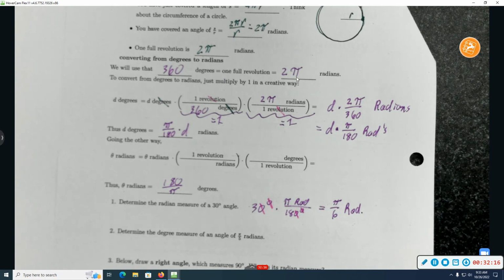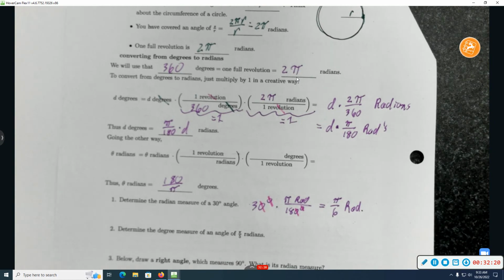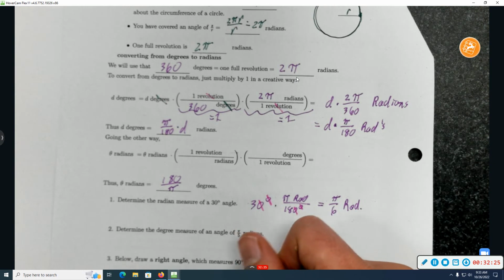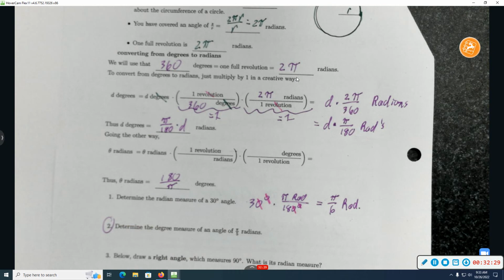So we've already done 3. We found that an angle measure of 90 degrees is a right angle, which is pi over 2 radians. But let's do that one. And I think I want to have you do it. An angle of pi over 5 radians. Convert that to degrees.